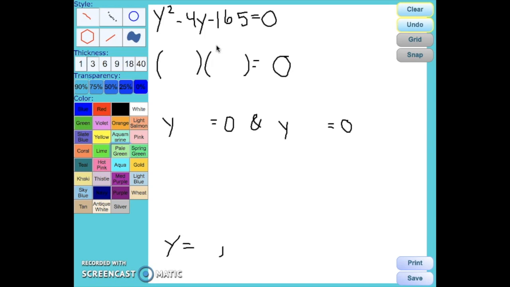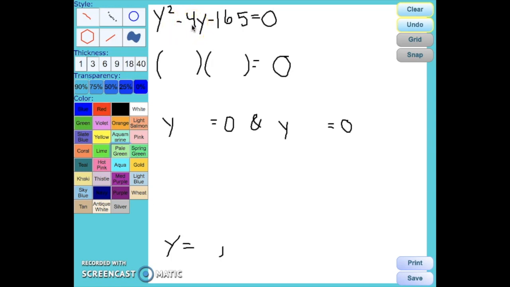There are a lot of different ways that you can multiply to negative 165. There is 33 times negative 5, but 33 plus negative 5 isn't going to add up to negative 4. It might take a little bit of time, but it won't take 10 minutes. You will eventually figure out which numbers add up to negative 4 and multiply to negative 165.